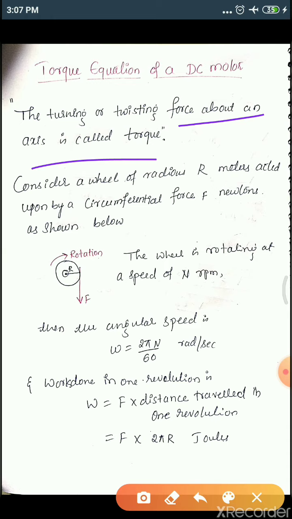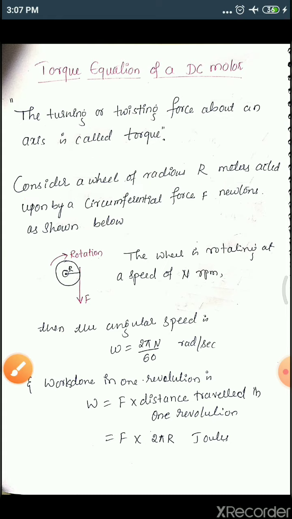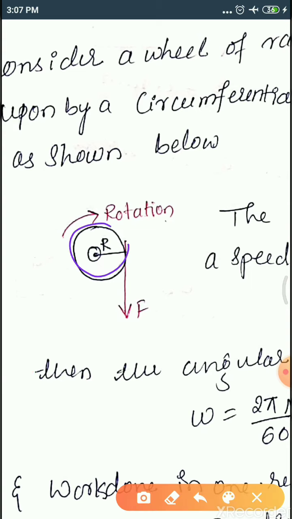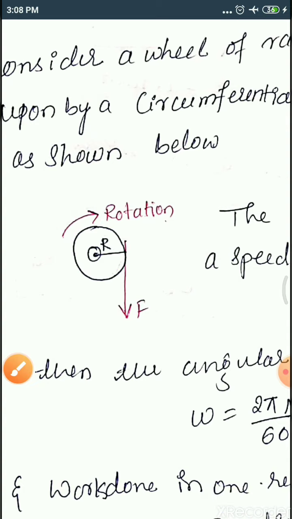To derive the torque equation of a DC motor, we'll consider a wheel of radius r meters acted upon by a circumferential force F newtons, as shown here, rotating in this direction with this exerted force.